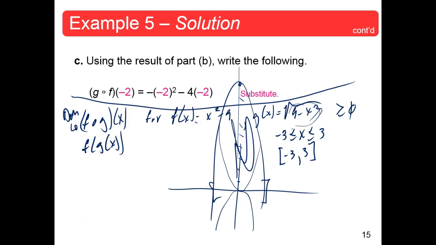Well, you can feed that into f, no sweat, because f, right here, is all real numbers. So those numbers go in, so that is your domain for the whole thing: minus 3 to 3. And that's all they were looking for. And there is a checkpoint there, so take advantage of it and do it.